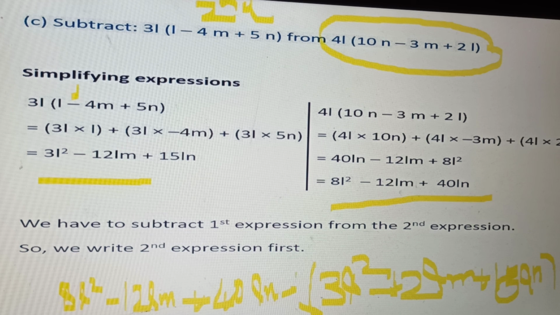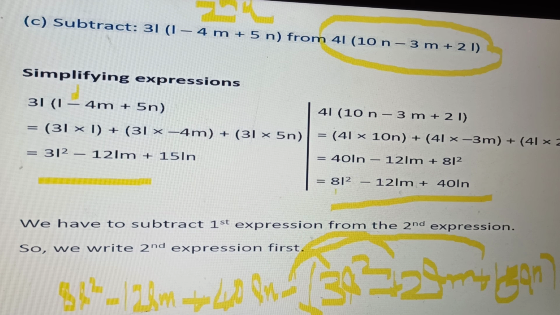So here this minus means here you have to put minus. This minus should go to all terms, right? This term goes, and the next term goes. So this expression's signs will be changed. Plus 3L square becomes minus 3L square. Minus 12LM becomes plus 12LM, and plus 15LN becomes minus 15LN.